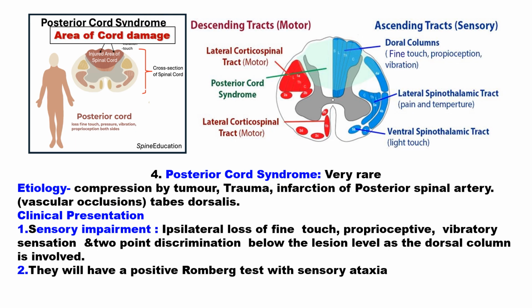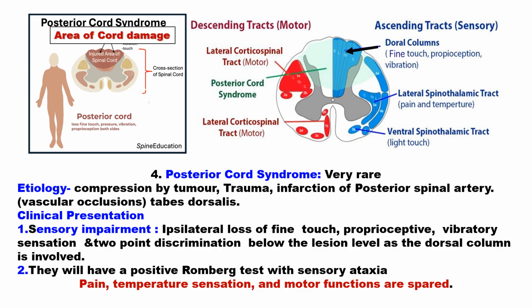The area of cord damage, mainly it involves a sensory impairment that is ipsilateral, loss of fine touch, proprioceptive and vibration sensation and 2-point discrimination below the lesion level as dorsal column is involved. They will also have positive Romberg sign with sensory ataxia. Pain and temperature sensations and motor functions are spared.